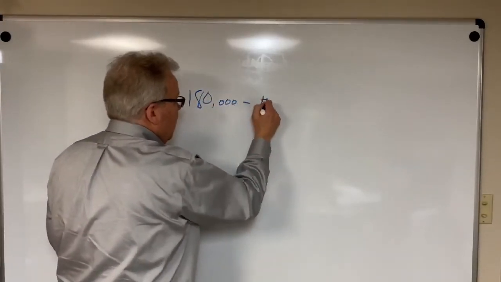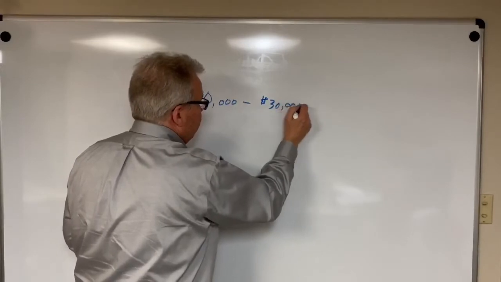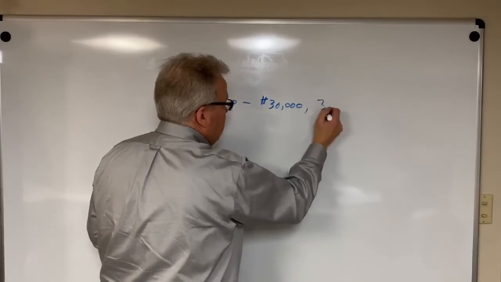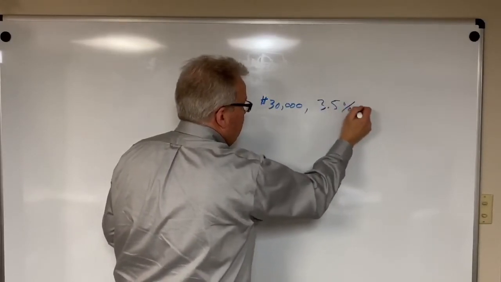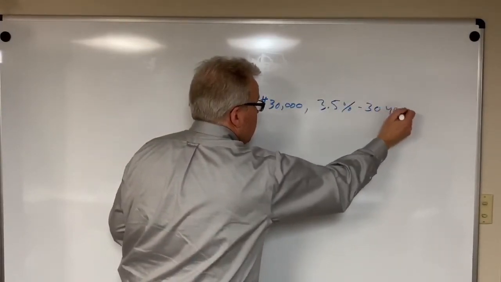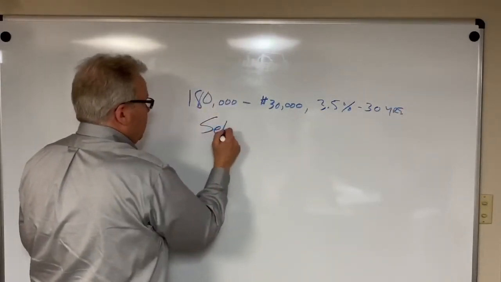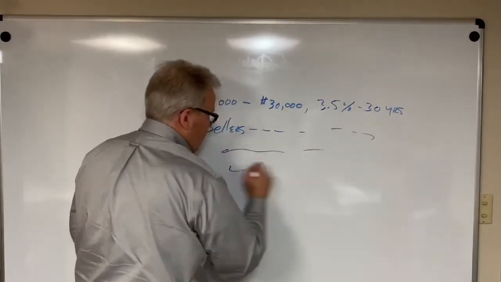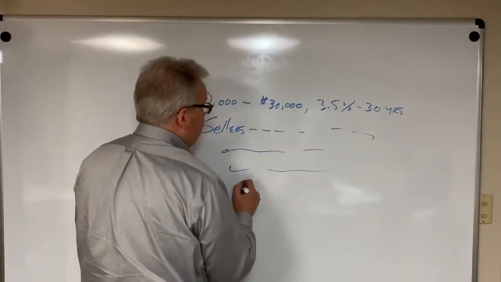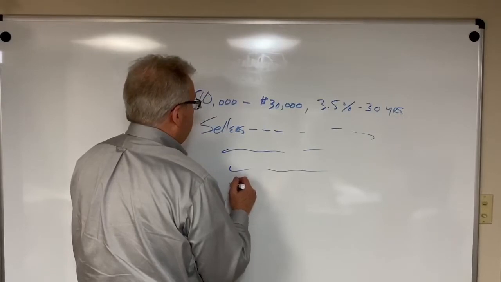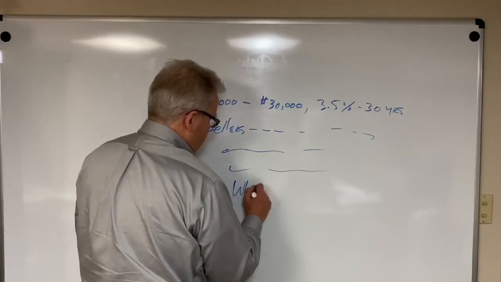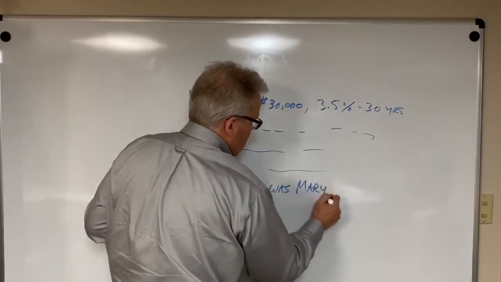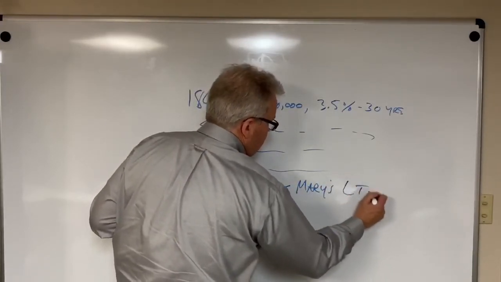She put $30,000 down, and she got a 3.5% interest rate for 30 years. The sellers paid this, and they'll give you this, they'll give you that, and it'll go on and on. And down here they're going to say, what was Mary's LTV?